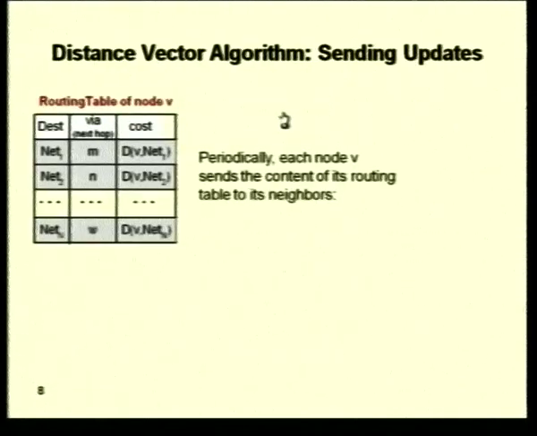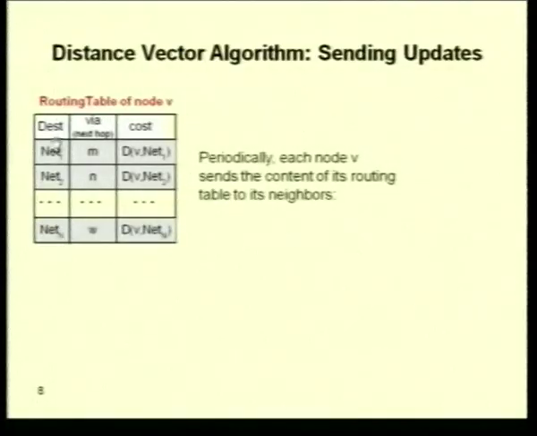So, when do we actually send this information? You have this routing table at a particular node. At every node you have the destinations, the networks net 1 to n, the different hops through which it is sent, and the corresponding distance. This information of destination and cost, not the via information, is what is sent as an update periodically to its neighbors.